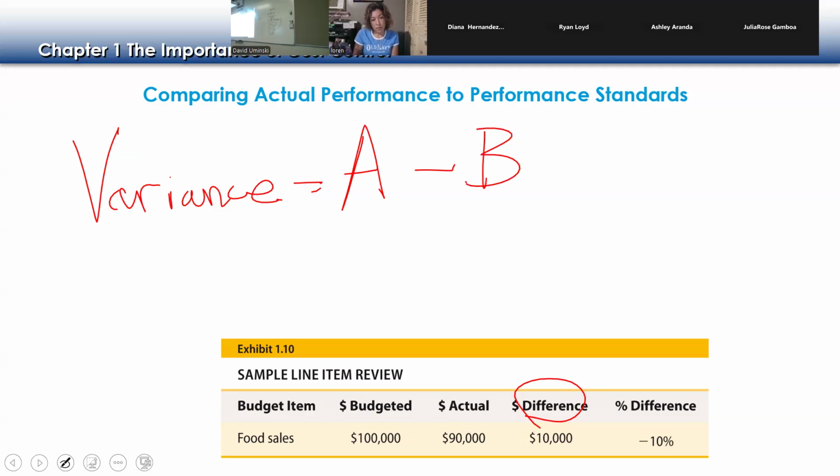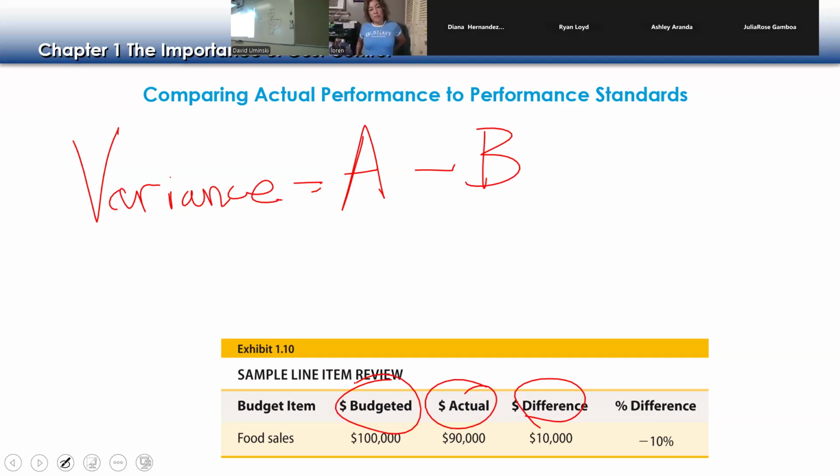And the way I remember that is just alphabetical order. A minus B. So actual minus the budgeted. That's how I remember that. Because again, we have to take what actually happened, subtract what we budgeted, what we wanted to have happen, and that will give us our difference.